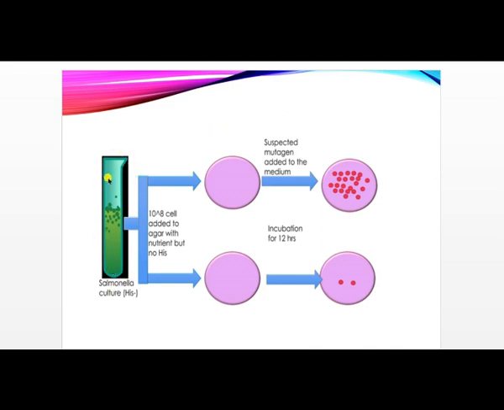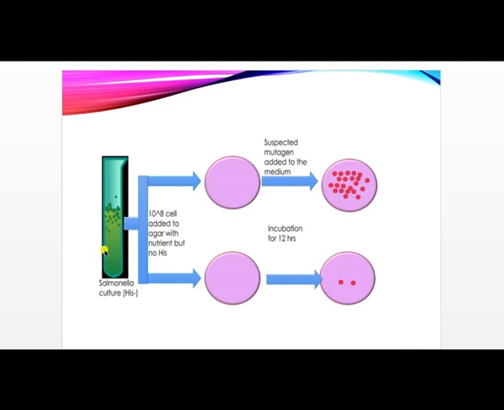Okay, next. See the principle or the procedure for this mutation test. Here this culture has what? Salmonella. This is the bacteria Salmonella culture with histidine minus. It means here there is absence of the histidine gene in this bacteria, which is a mutated one, because the gene responsible to encode the histidine is mutated in this bacteria.